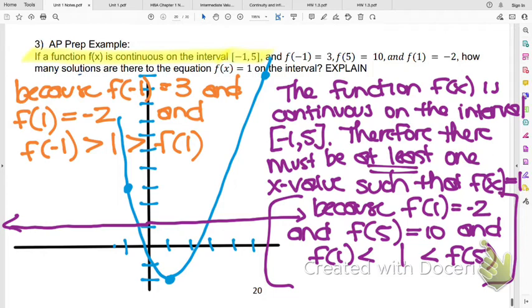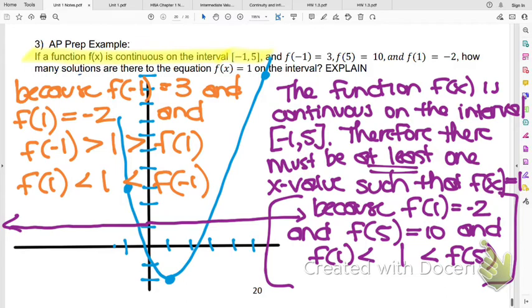Or you can flip where you put your f ofs. So I could also say f of 1 is less than 1, which is less than f of negative 1. And that feels backwards because 1 is on the right and negative 1's on the left, right? But you're talking about the y values. So you got to put them in the correct order.